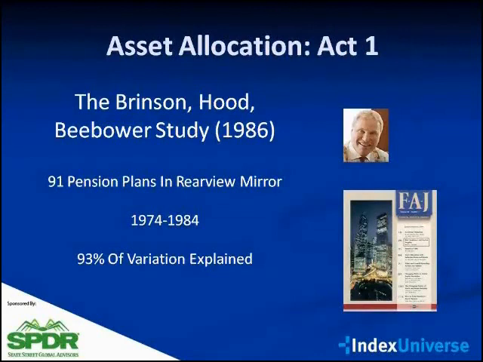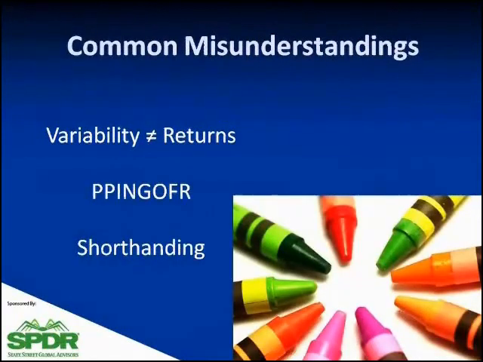They looked at the historical performance and the portfolios of 91 large pension plans over a 10-year period. And they asked, basically, why did one fund succeed and another fail? Famously, they concluded that 93% of the difference in performance between these pension plans could be attributed to basic differences in asset allocation. That was the fundamental discovery.